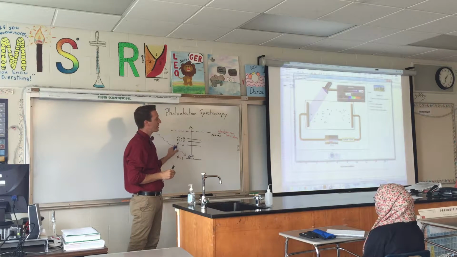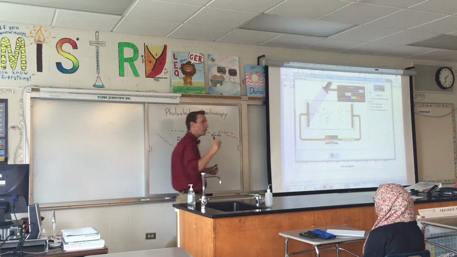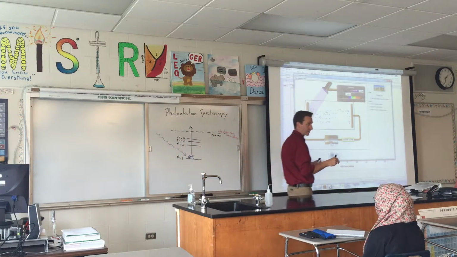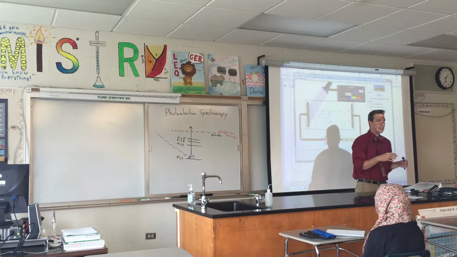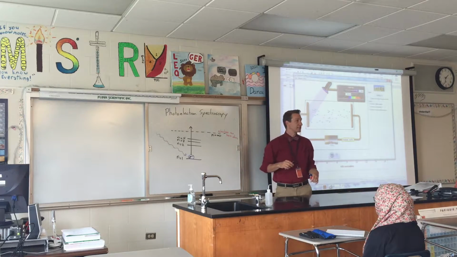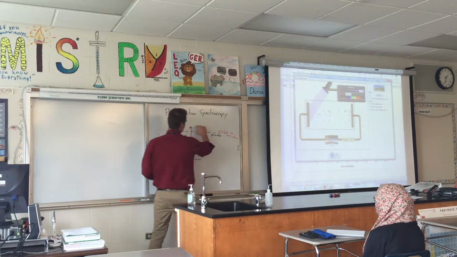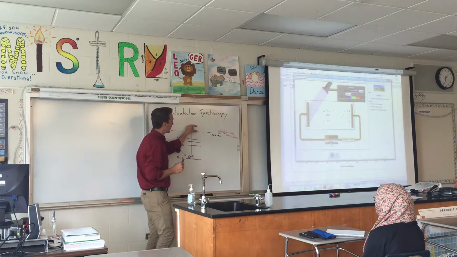A lot of times, if we're trying to get electrons out of these really close levels, we shine X-rays. We shine X-rays onto the sample, and the X-rays have so much energy they can kick those electrons all the way out of the atom. But when they do so, usually they have more than enough energy to kick it out.